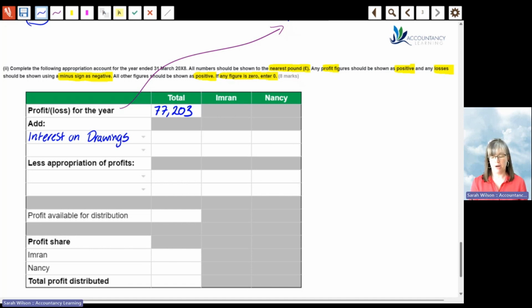Now, in the information above, we were told that Imran was 141 and Nancy was 41. So we've got a total of 182.